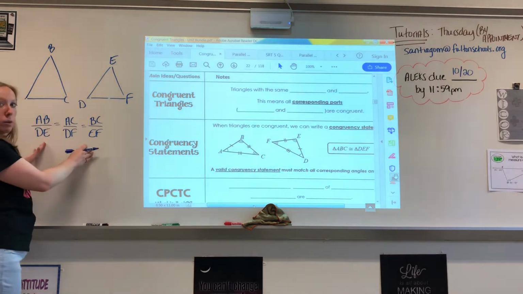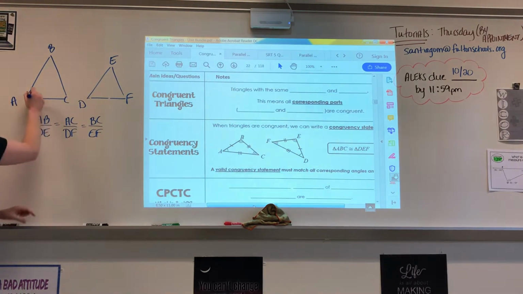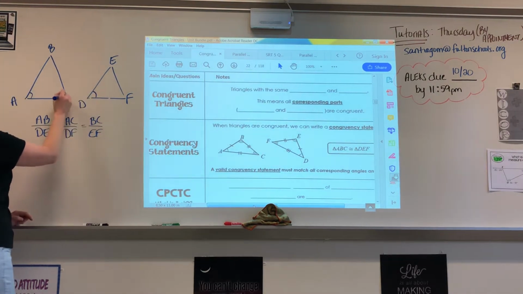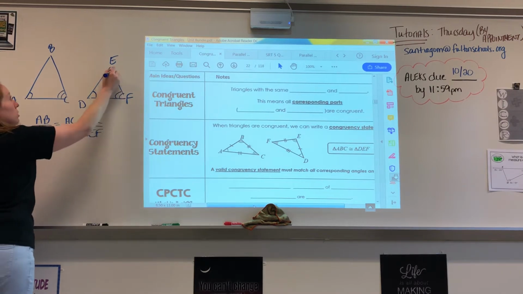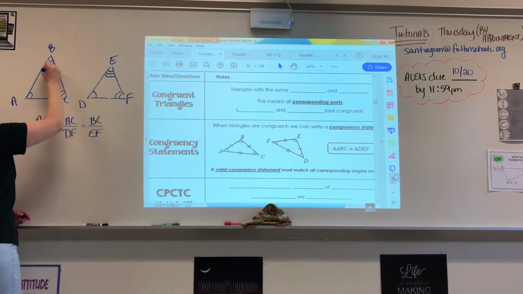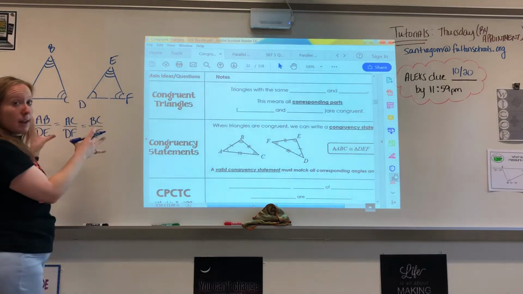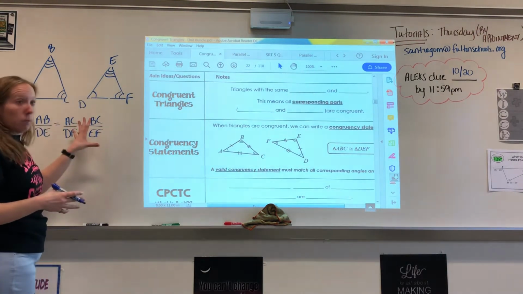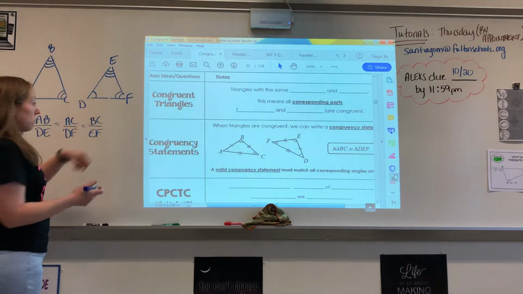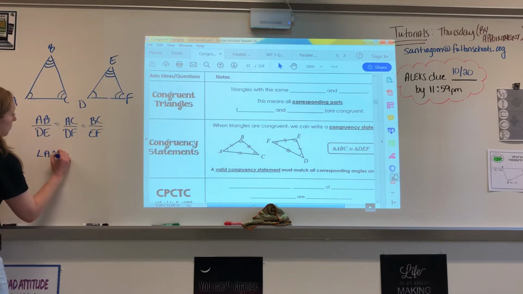Sides are proportional, but the corresponding angles are congruent to each other. They're still the same measure. Whenever you change the size and the shape stays the same, the angles don't change. All the corresponding angles are congruent.